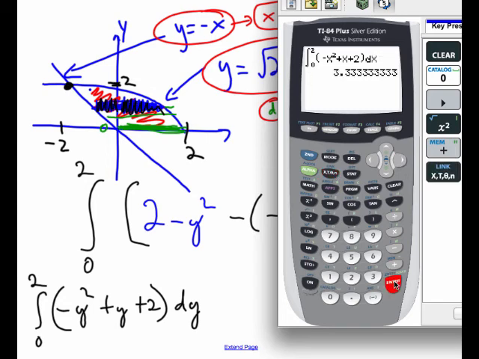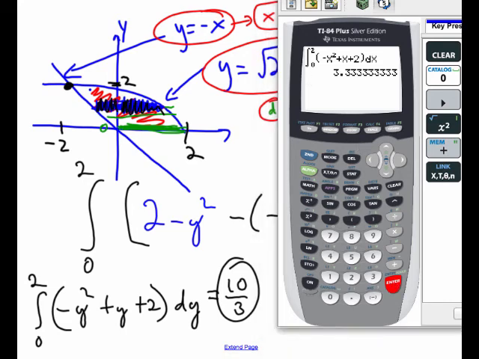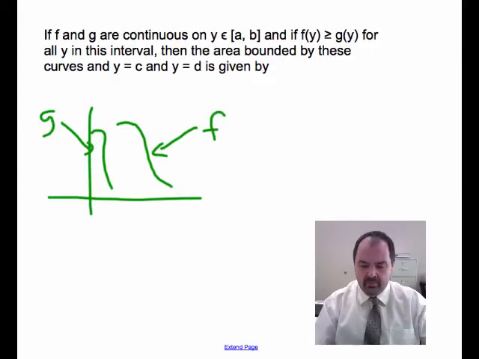And do I get 10/3? Yes, I do. So as you can see, in some situations it's easier to run rectangles horizontally, which means that your integral will be with respect to y than it is to run them vertically when your integral is with respect to x.